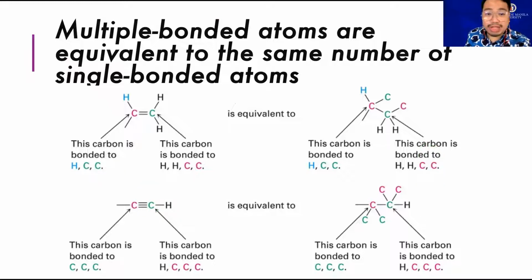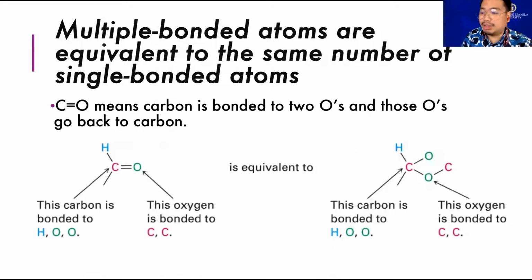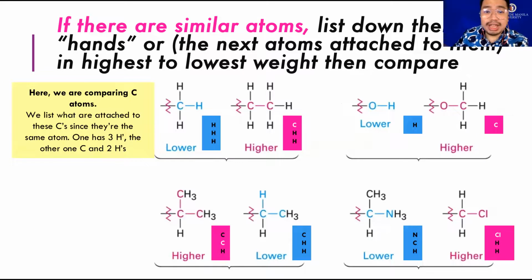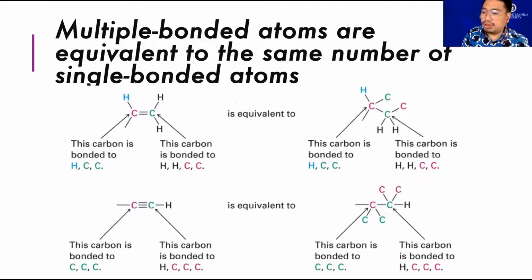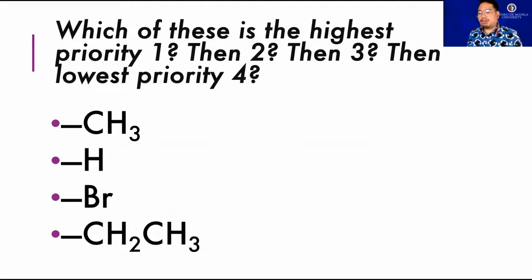And you can always go back to these slides to interpret double bonds and triple bonds. But I need you to understand the theory and the goal behind the Cahn-Ingold-Prelog rules. It's for us to be able to prioritize which will be our thumb, which will be the middle finger, and the fingers in between. Is that clear? It's for us to be able to number everything from 1 to 4. So let's try this out.